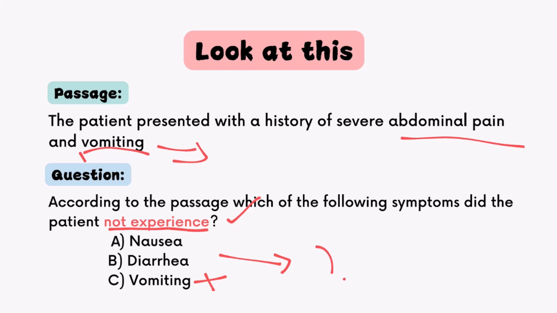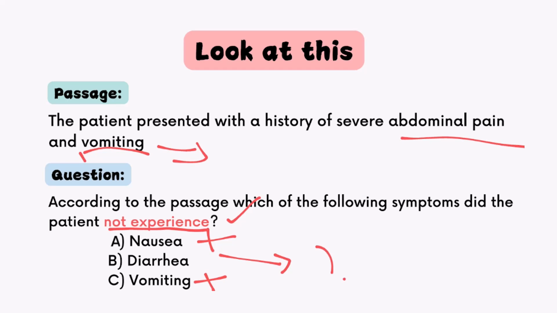But while comparing nausea and diarrhea, diarrhea is completely contradictory. It doesn't even suit the vomiting or abdominal pain. That's the reason we can eliminate option A, that is nausea, also. And finally, we have only one option, that is diarrhea. So diarrhea is the only symptom the patient did not experience.